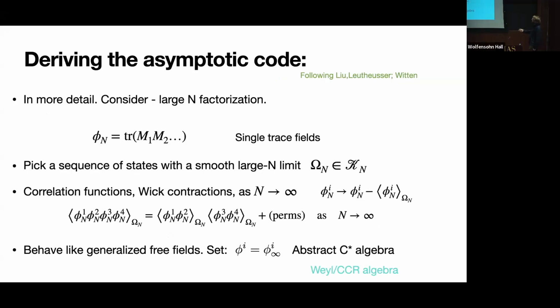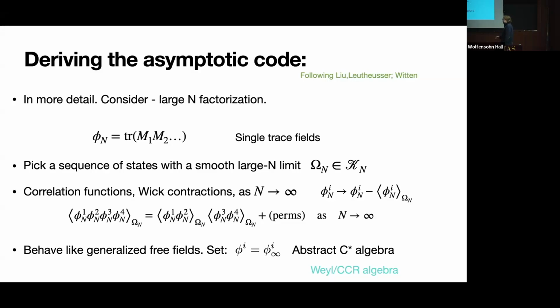So we have some set of single trace fields. We pick a sequence of states that we imagine has a smooth large n limit. And we note that the correlation functions have some nice generalized free form. They're just determined in terms of two-point functions after I subtract one-point functions. And so these operators behave like generalized free fields, at least at infinite n, okay?